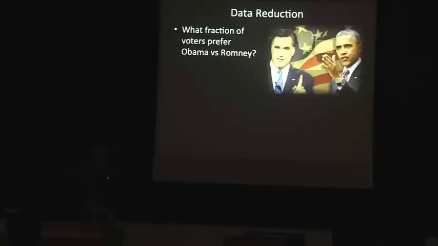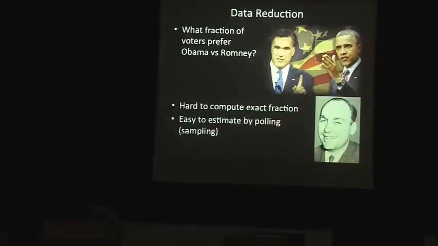Every day you look at the newspaper and you get some estimate of what's the approval rating of Obama today, what's the approval rating yesterday, and various other questions that you might think about. So this is something that is routinely solved every day by sampling.